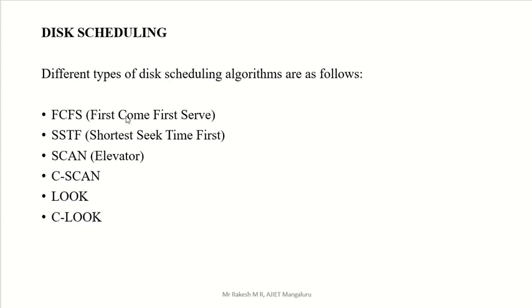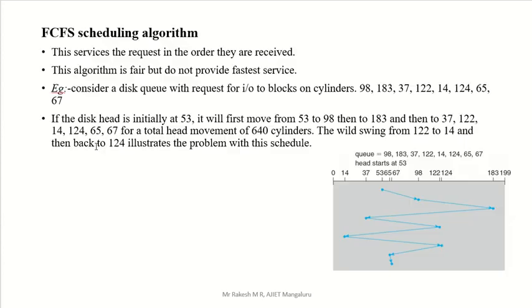Some of the algorithms are listed here: FCFS, SSTF, SCAN, C-SCAN, LOOK, C-LOOK. These are the different types of disk scheduling algorithms. Now we will go through them one by one.